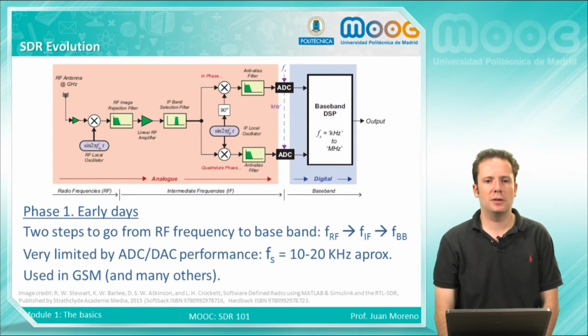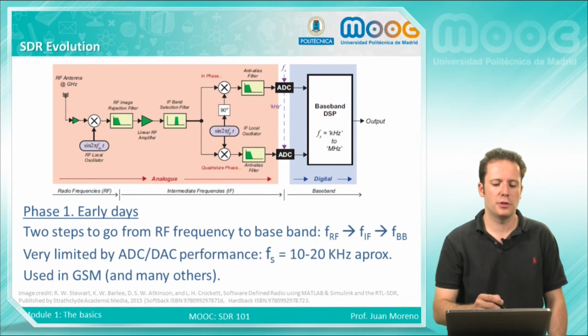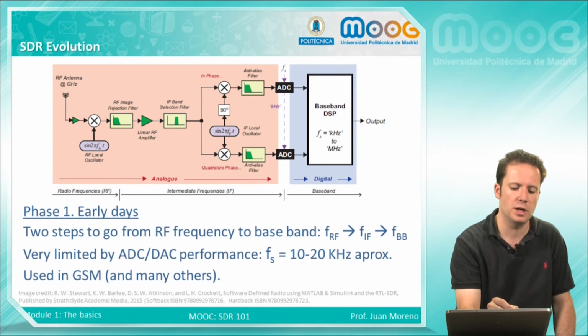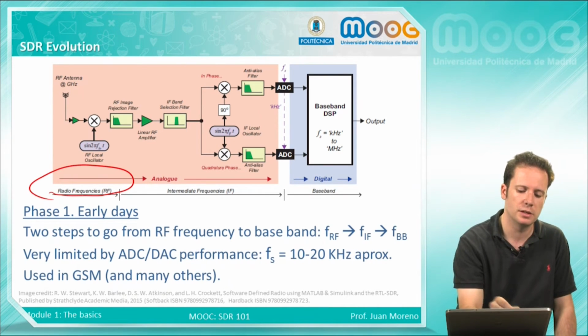We can talk about 3 different phases in the evolution of the SDR technology. The first one, the early days, was used, for example, in GSM, the mobile communication systems of the 2nd generation. Here you have 3 different frequencies. The first one, the RF frequency, from the antenna to the first converter.